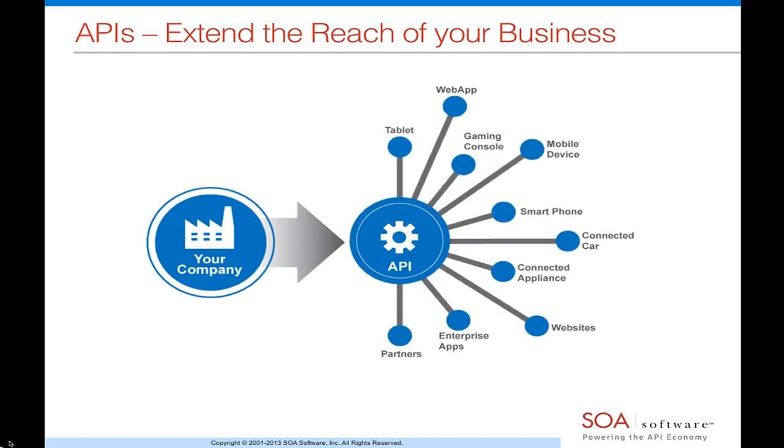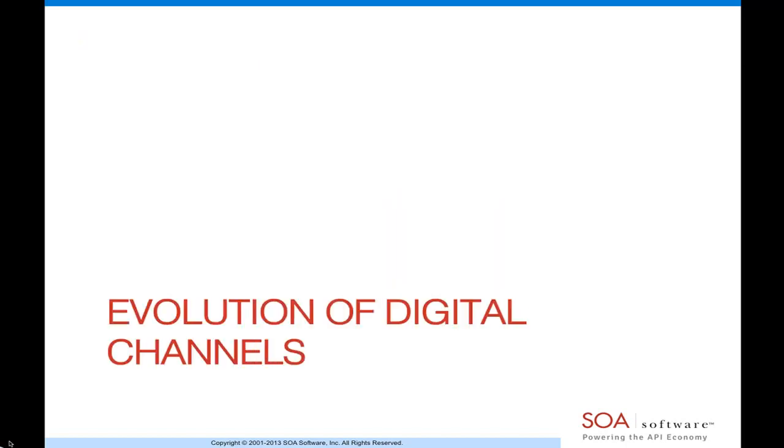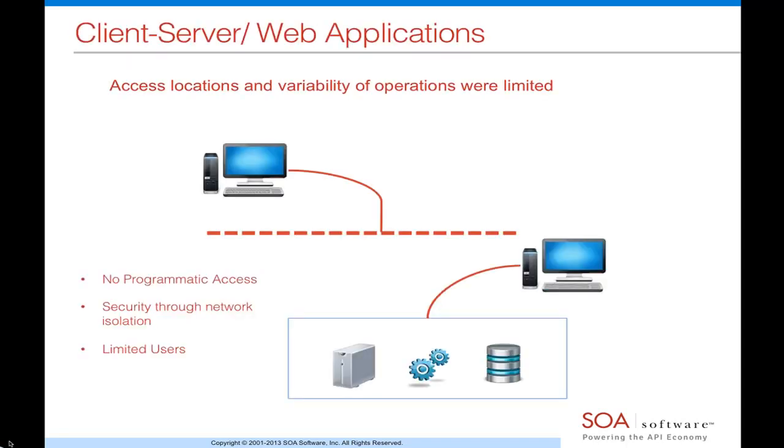To understand that a little bit, let's look at how digital channels have evolved over the last 25 to 30 years. If you go back to around the early to mid 90s, the only way information was accessed was primarily through client server applications or web applications.